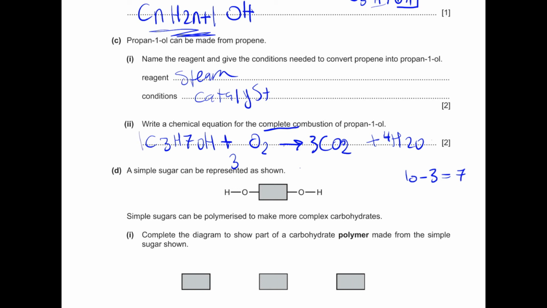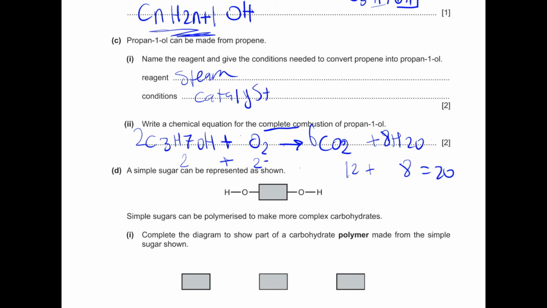So the 1 over here should be 2, the 3 in here should be 6, and the 4 over here should be 8, and then reconsider the whole thing. Over here we have 8 oxygens, and here we have 12 oxygens. So 12 plus 8 is 20, and over here we have 2 oxygens and 2 oxygens there. So we have 4 oxygens on the left hand side, 20 oxygens on the right hand side.